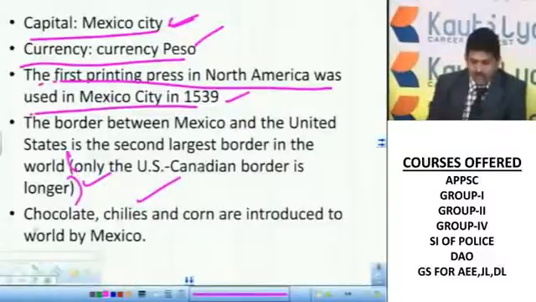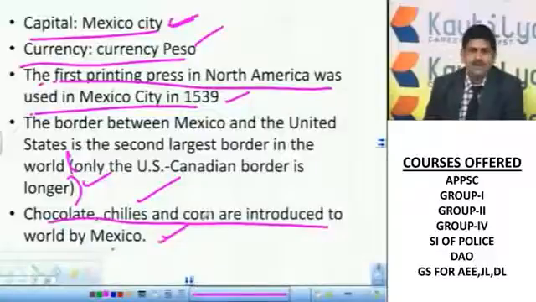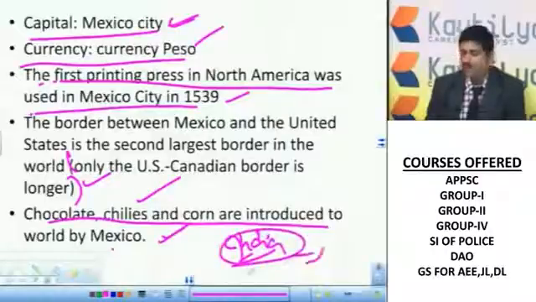Next, chocolate, chilies and corn were introduced to the world by Mexico. Again, this is a very important point. Many times they ask which of the following countries introduced chocolate or chilies or corn. Even sometimes they ask who introduced tobacco to India, who introduced sugar to India, like this kind of bits.